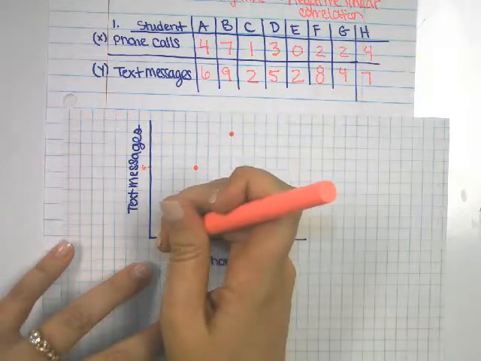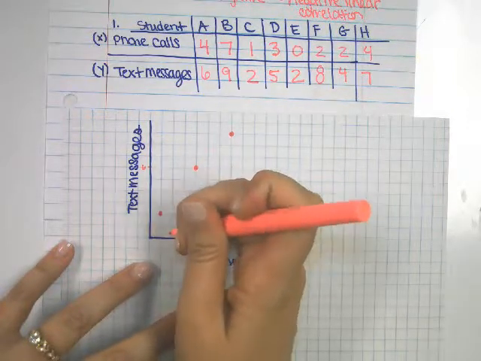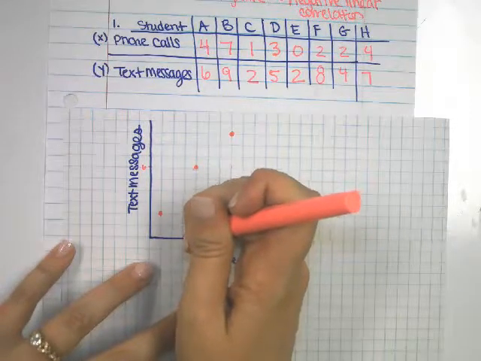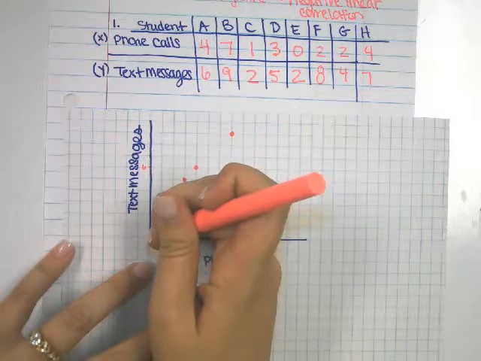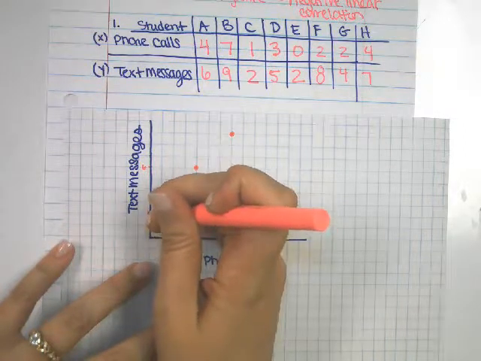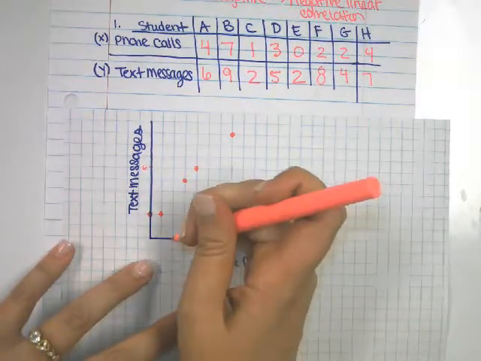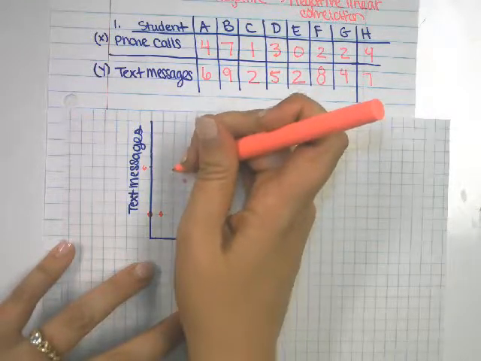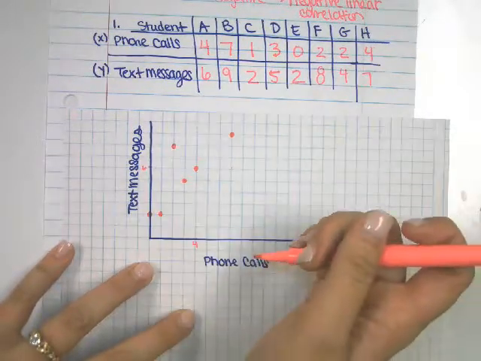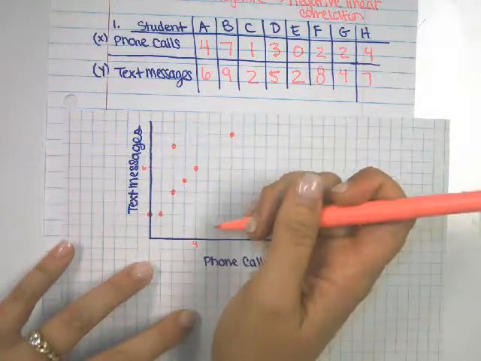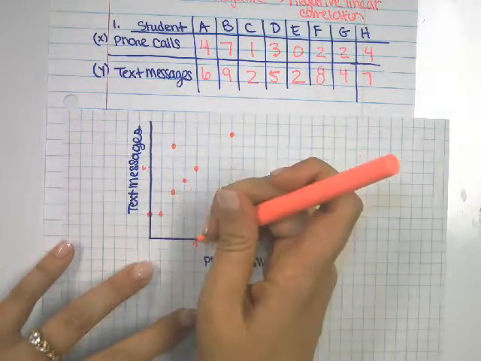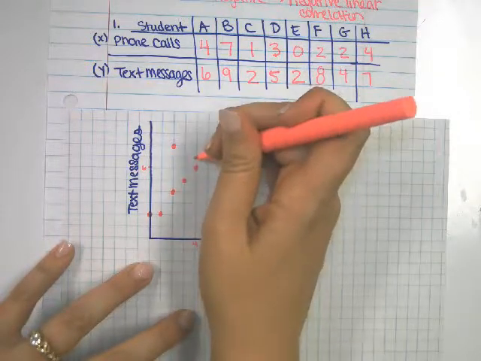Okay, 1 and 2. 3 phone calls and then 5 text messages. 0 phone calls, 2 text messages. 2 phone calls, 8. 2 phone calls, 4. And 4 phone calls, 7.